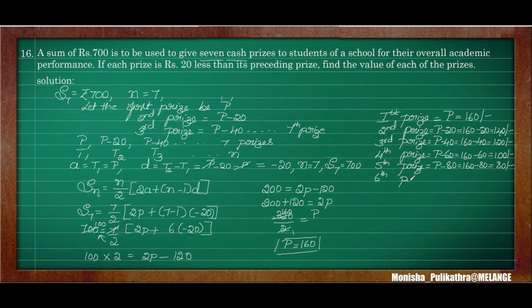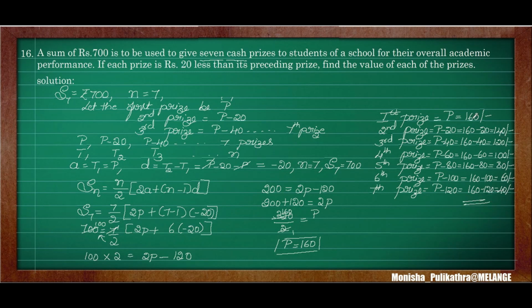Sixth prize is equal to p minus 100, 160 minus 100 is equal to 60 rupees. And the last prize, that is the seventh prize, is equal to p minus 120, that is 160 minus 120, which is equal to 40 rupees.